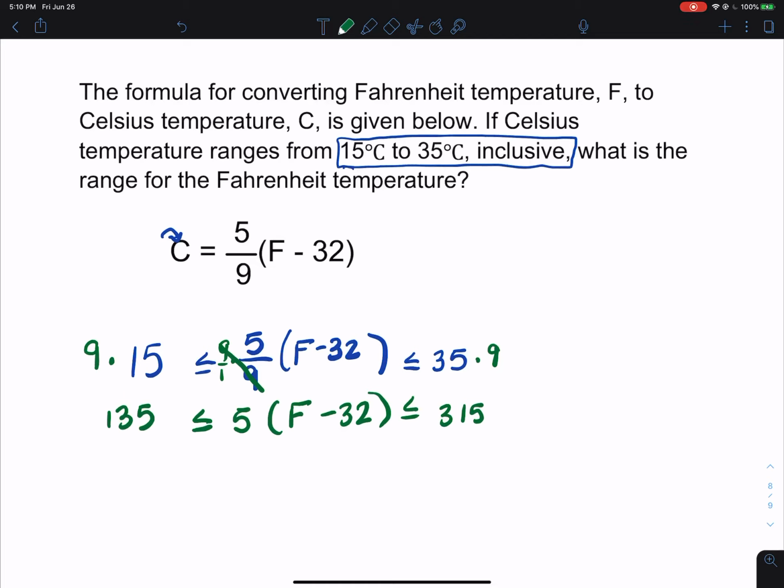The next thing I'm going to do is distribute that 5 to get rid of those parentheses. So I'll have 135 is less than or equal to 5F minus 160, which is less than or equal to 315.